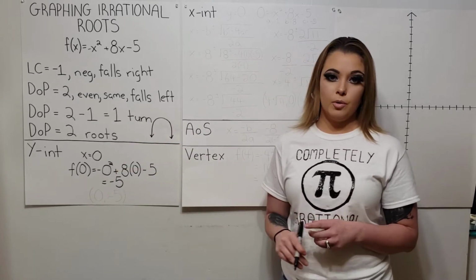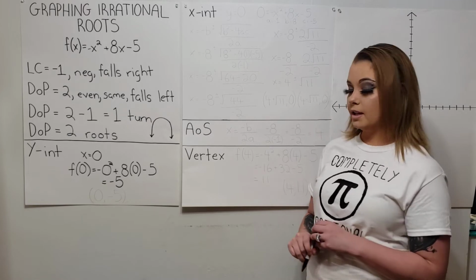We know that there's going to be a point on our graph at 0, -5.